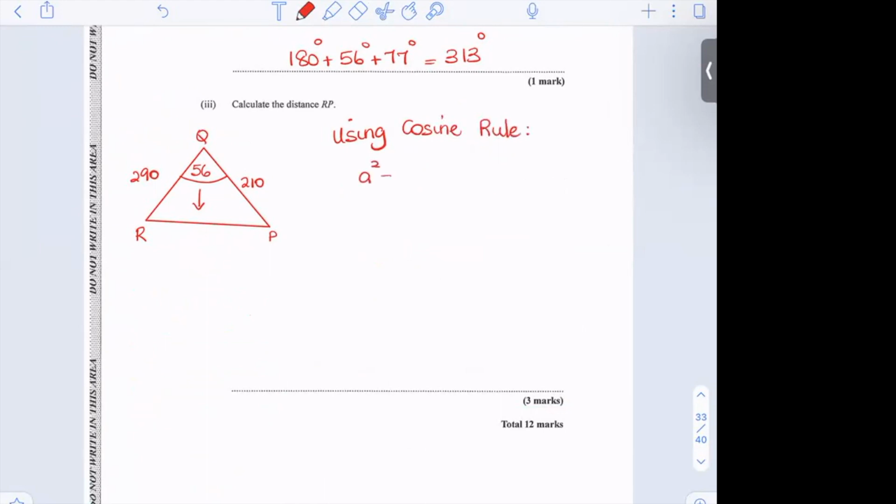A squared is equal to B squared plus C squared minus 2B multiplied by C multiplied by cosine of A. Label the sides A, B, C. Substitute it into the formula. So you have RP squared is equal to, go ahead and do it.